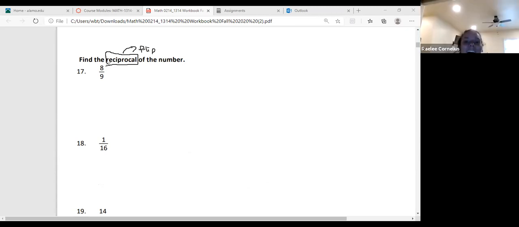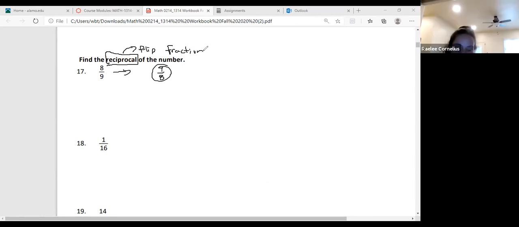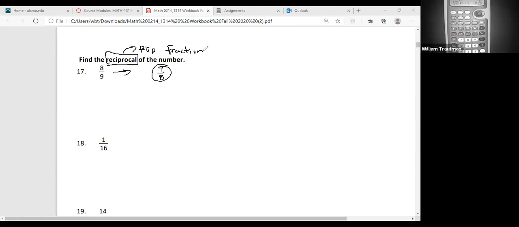The answer to this is 9 over 8. The reciprocal just flips the fraction. So the answer to this problem is 9 over 8.